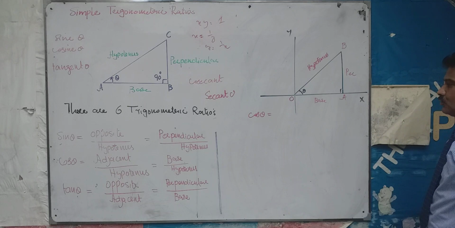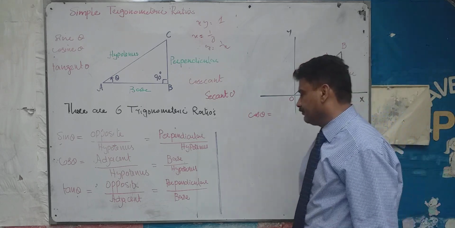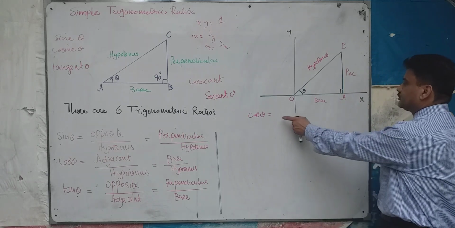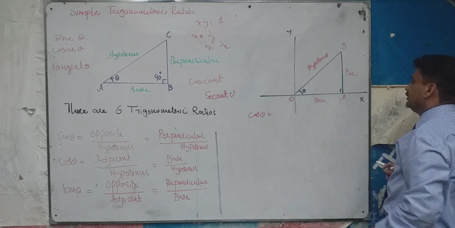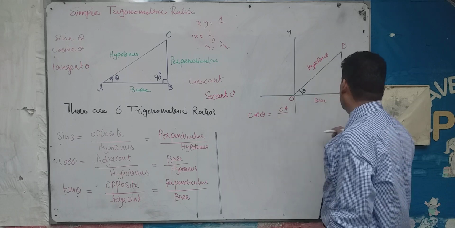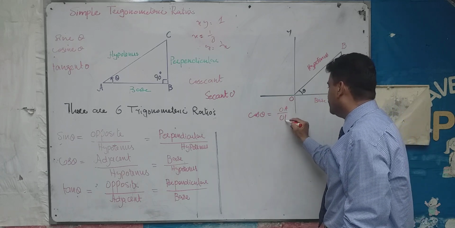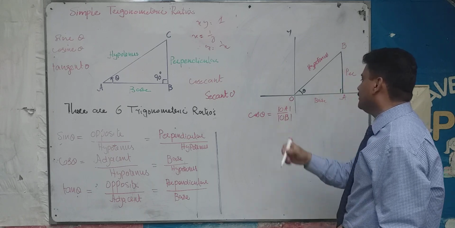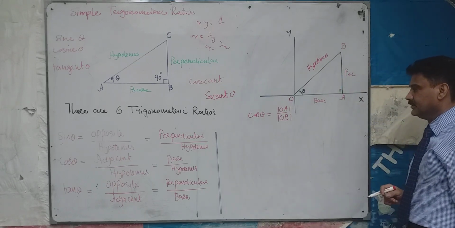See, cosine theta is the ratio between base and hypotenuse. We write cosine theta is equal to base OA by hypotenuse OB. Cosine theta will be equal to OA over OB.